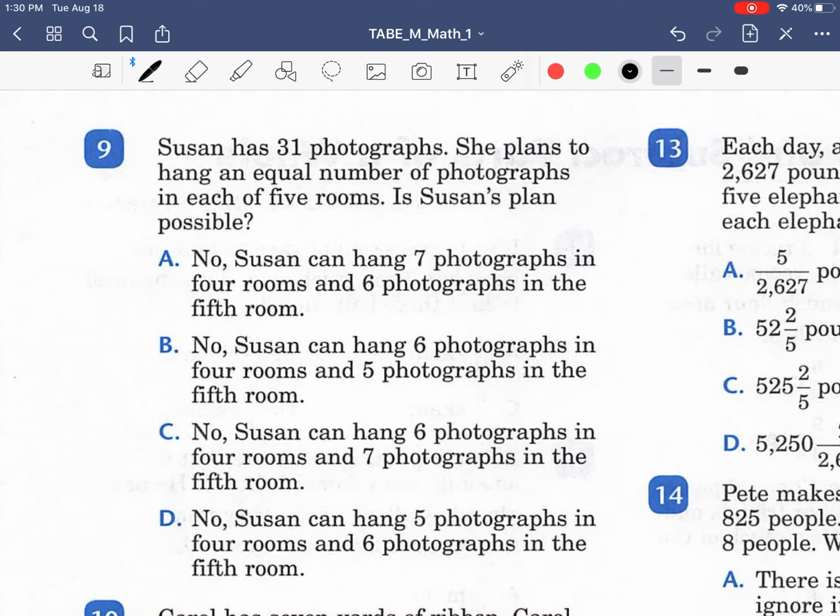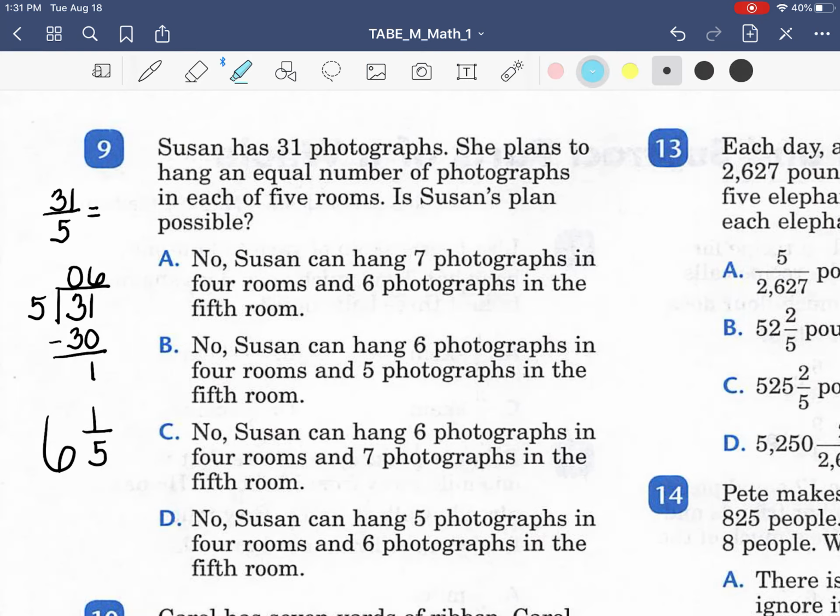That's an improper fraction, so let's do our long division. 31 divide 5. 5 can't go into 3, so I need to get to 31 without going over. 5, 10, 15, 20, 25, 30. That's as close as I can get. So the mixed number is 6 1/5.